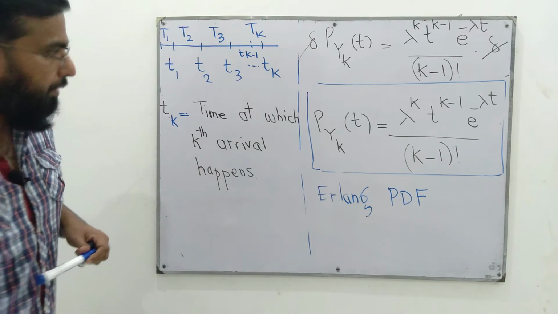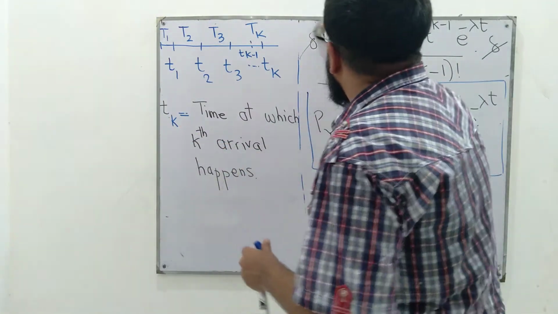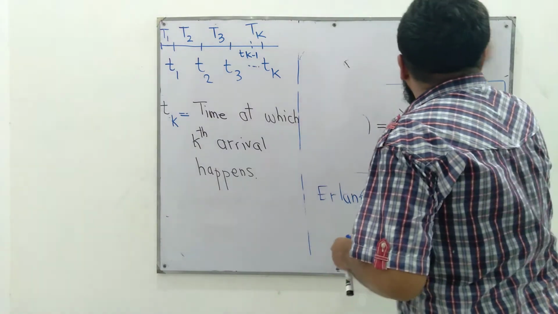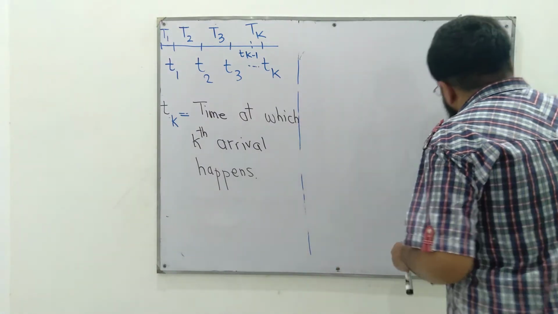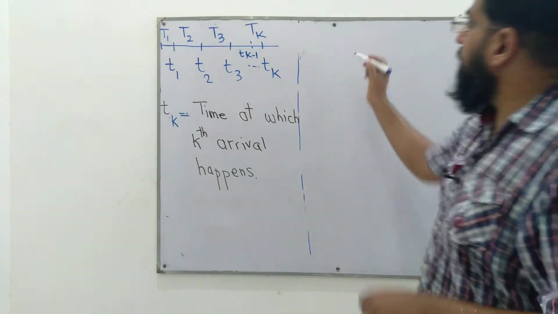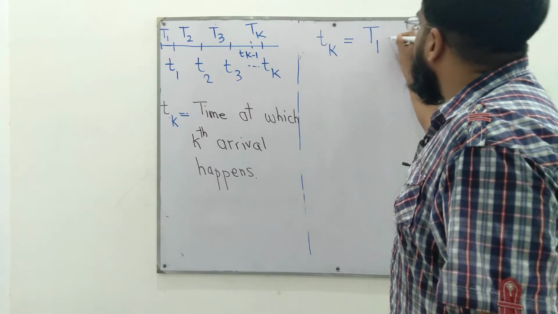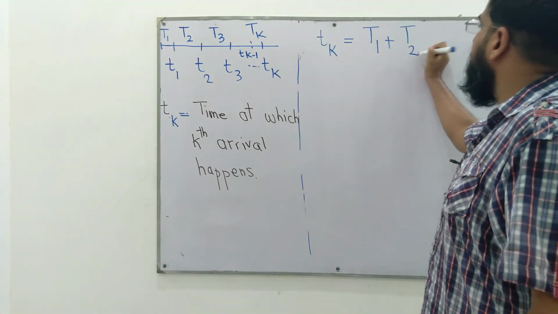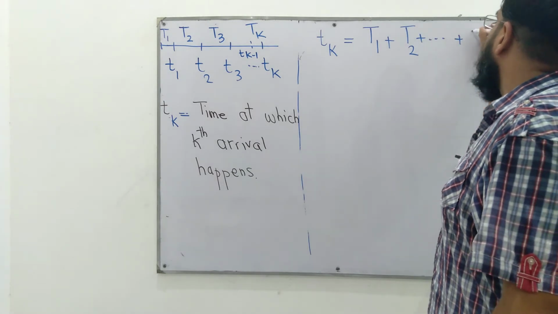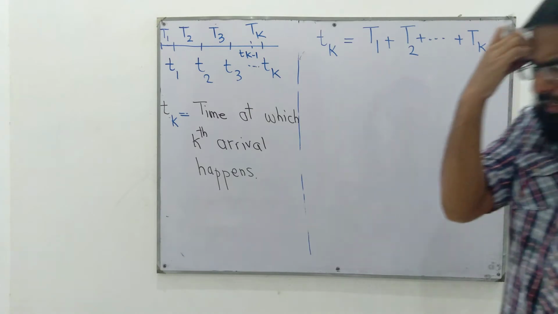So how can we write tk in terms of inter-arrival times? It can be written as the time from no arrival to the first arrival, plus the time between the first and second arrival, and so on, up to the time between the k minus 1 and kth arrival.